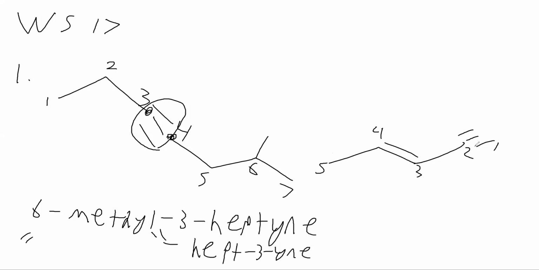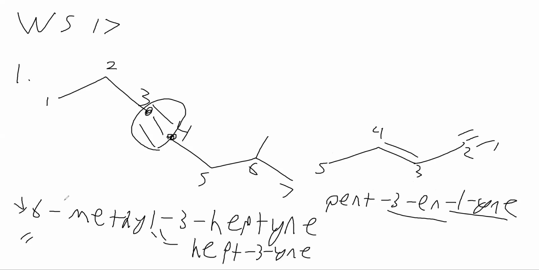There's a triple bond at carbon 1 and a double bond at carbon 3, and there's 5 carbons, so I'd name this pent-3-en-1-yne. So there you can see the 3 is relating to the double bond and the 1 is relating to the triple bond. So naming it like this just makes it easier. But if there's just a triple bond or a double bond, I think doing it the other way is easier. But whatever works for you, that's just my recommendation.